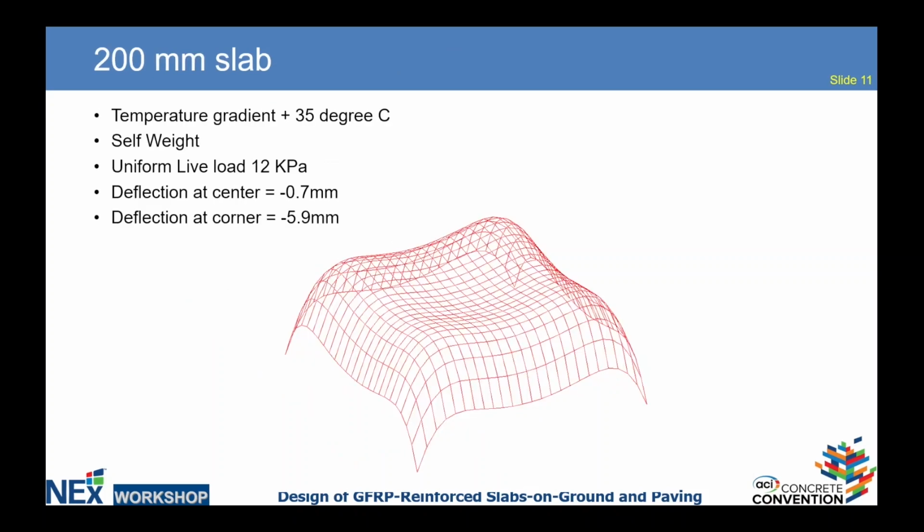And when we subject a 200 millimeter slab to a plus 35 degrees C thermal gradient, meaning it's hotter at the top, the top wants to expand relative to the bottom. So it curves up, and in that state, under its own self-weight, it's already generating positive moment. That means tension at the bottom.